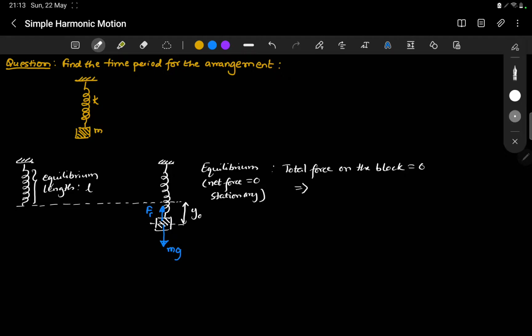So this gives us, notice that mg and restoring force are in opposite directions. So we have mg minus Fr, the restoring force, equal to 0, and the restoring force by Hooke's law, the restoring force is nothing but minus kx.